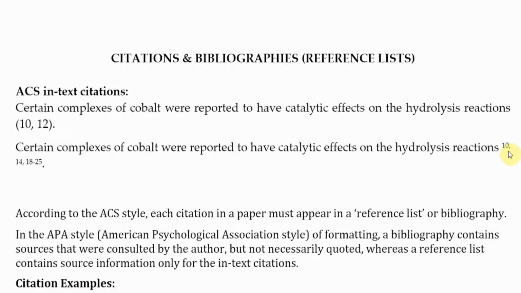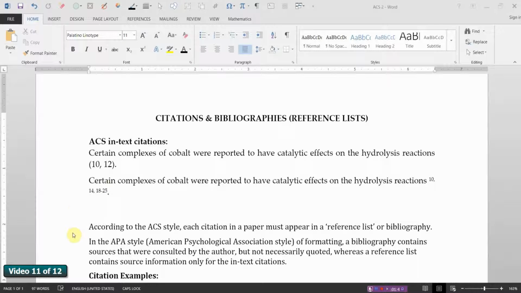Alternately, citation numbers can be superscripted, again separated by commas, or a hyphen when you have a sequence of citation numbers referring to the same information. According to the ACS style, each citation or reference in a paper must appear in a reference list, aka bibliography.